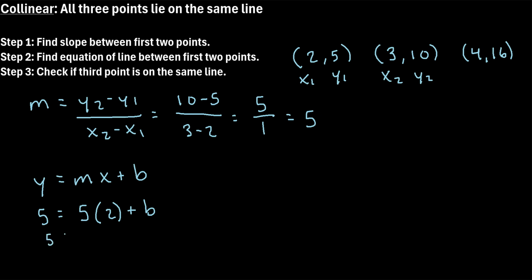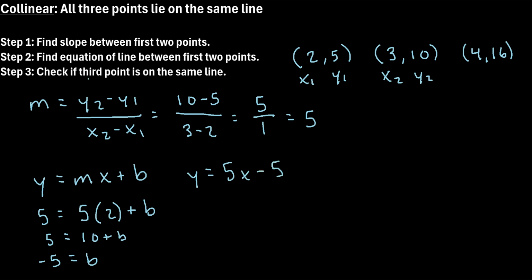So we get 5 is equal to 10 plus b. If we subtract a 10 from each side, 5 minus 10 is negative 5, which is equal to b. So our equation of the line is y equals 5x, and b is negative 5, so y equals 5x minus 5.